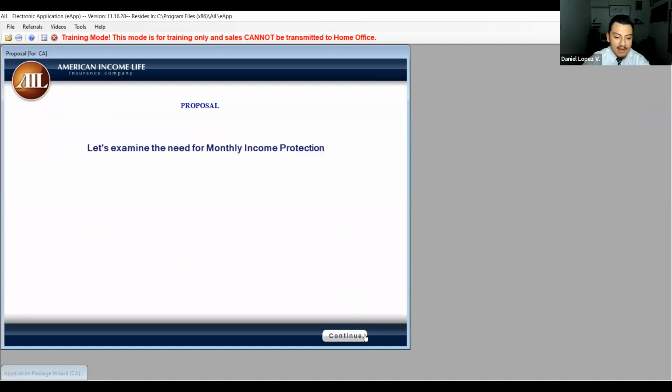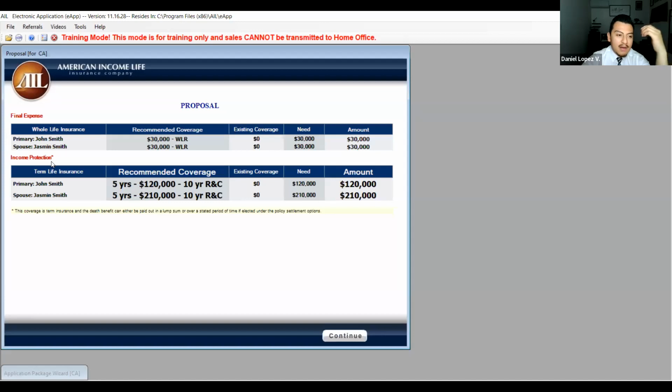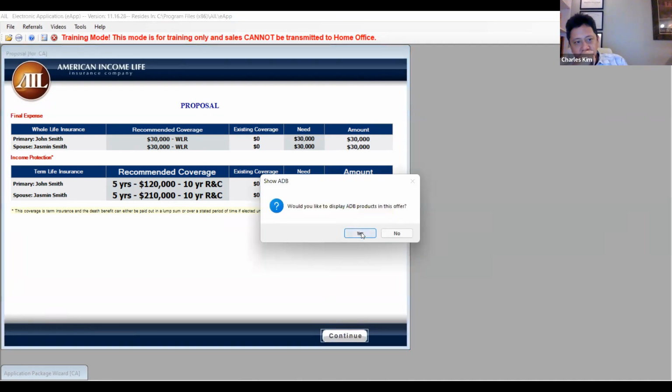It's also recommending income protection, and this is a 10-year term right here. It is not for 5 years. It's a 10-year term, but it's 5 years' worth of their income. So do their income times 12 times 5 and you get 120. And then we can press yes if you want.